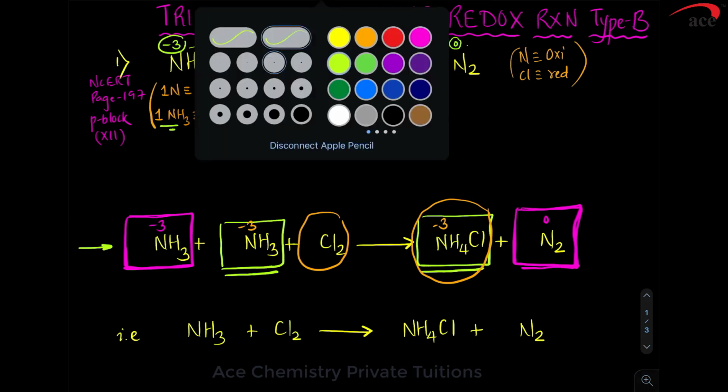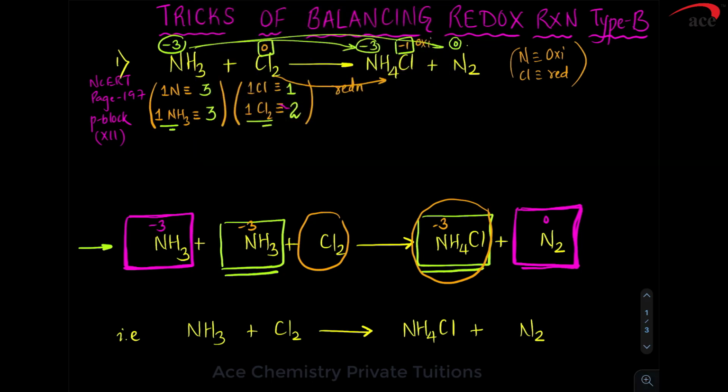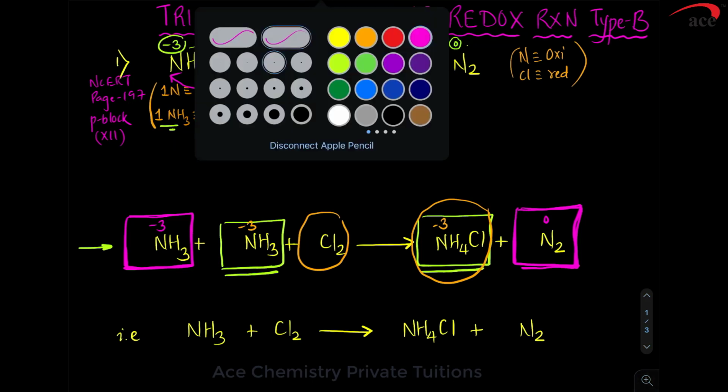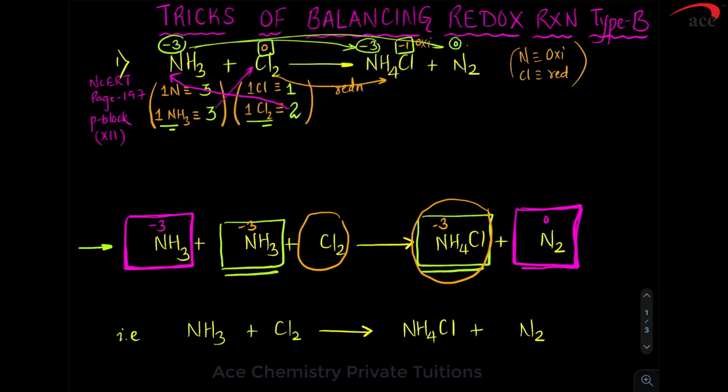If you remember, what do we do next? We cross multiply these numbers. So ammonia's number will be 2, and chlorine's number will be 3. I'll call this a substance with changing oxidation state, and this also with changing oxidation state.